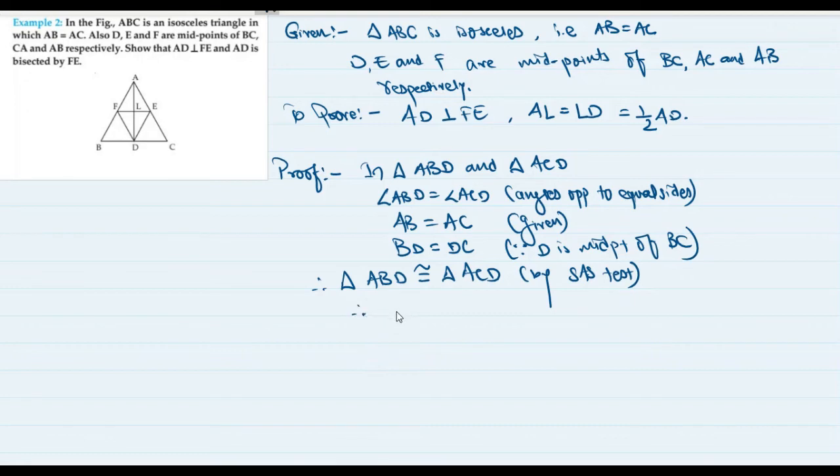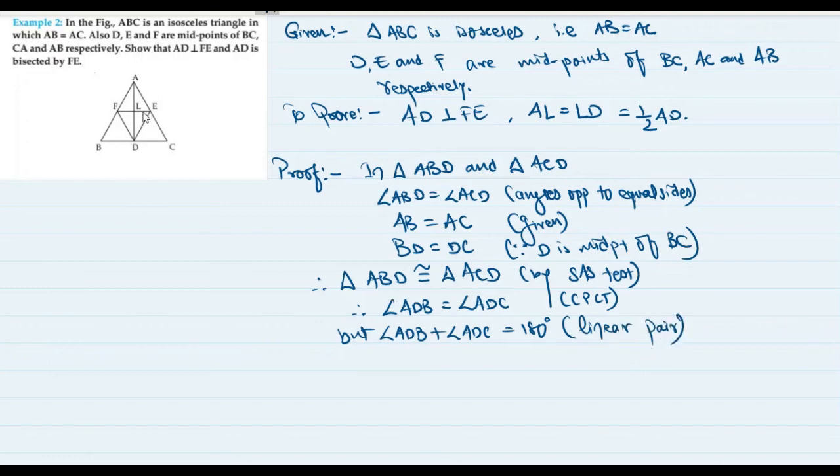Therefore, we can say that angle ADB is equal to angle ADC by CPCT, corresponding parts of congruent triangles. But angle ADB plus angle ADC is equal to 180 degrees, linear pair.